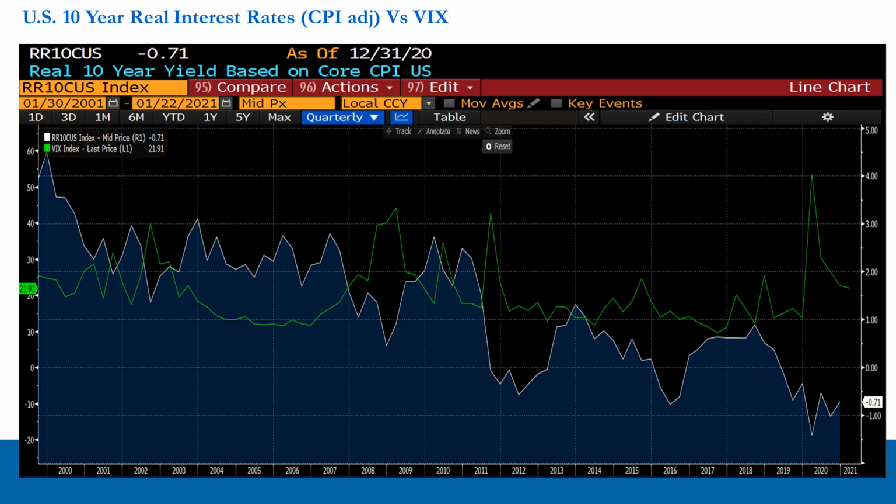So what is happening here? Well, when you compare this to the VIX, which is in green, you can see for pretty much the entire period we have suppressed volatility. We have volatility trading in the low, mid, and high teens, and only on a few occasions does it really go above 20.